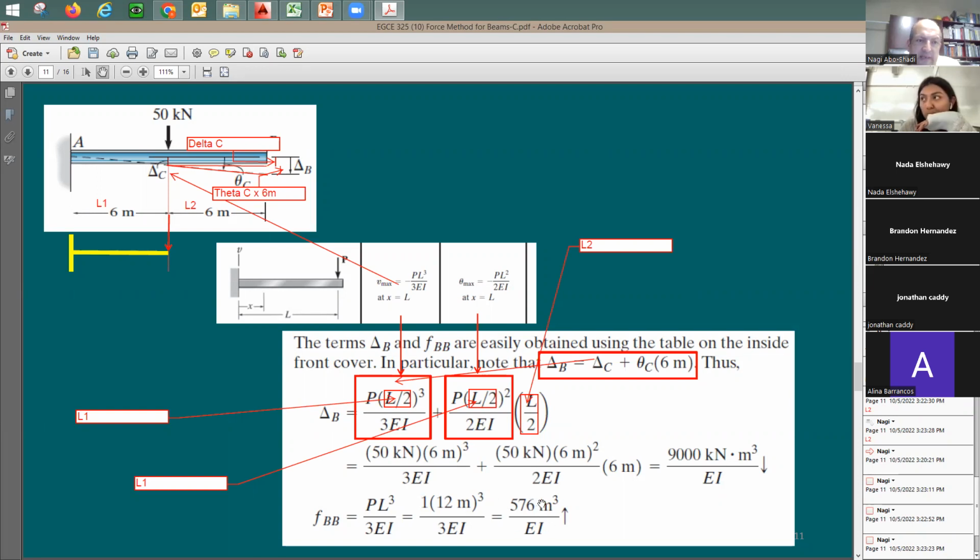Because EI is going to get canceled out when you compare it to the other equation. So just because I took this support out, now I run the analysis, find out the deflection turned out to be 9,000 kilonewton meter cubed by EI. I understand that. You know what? It's going to be just 9,000. Forget about this EI.